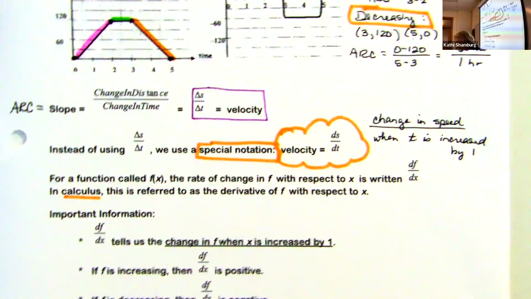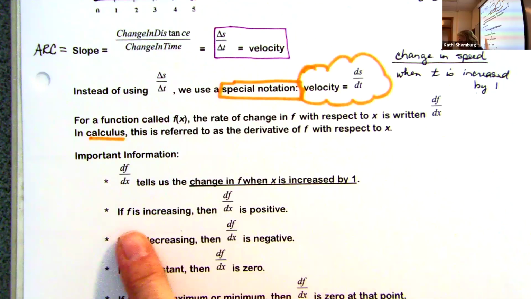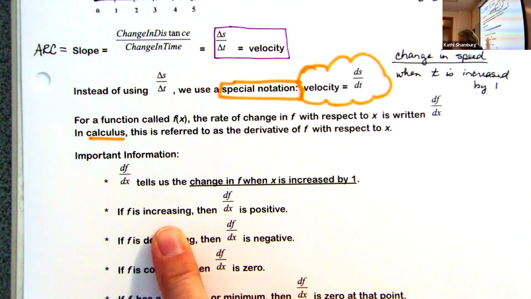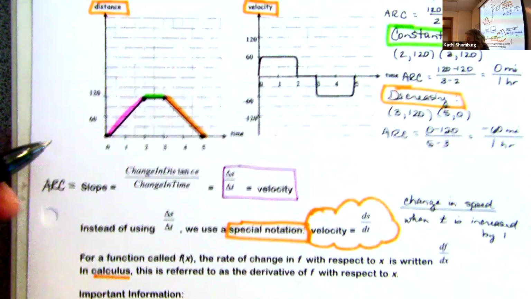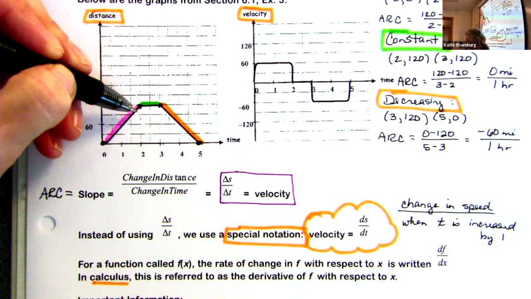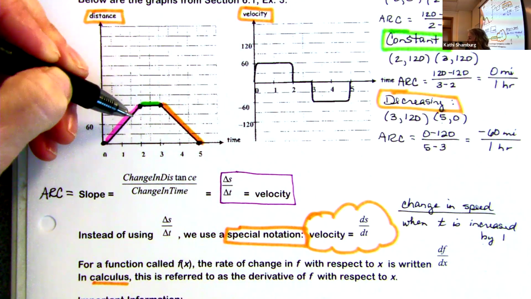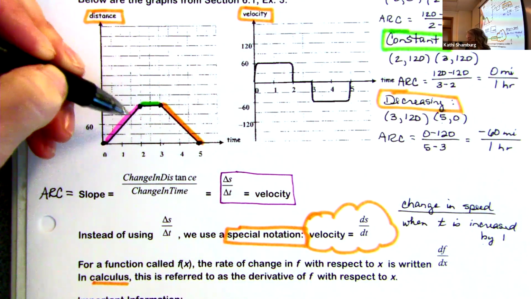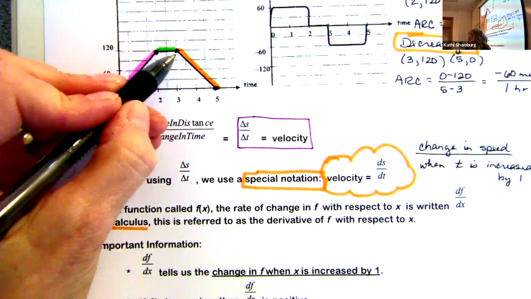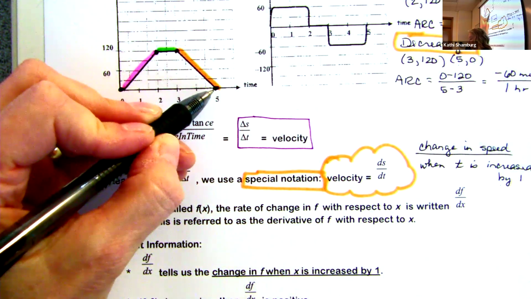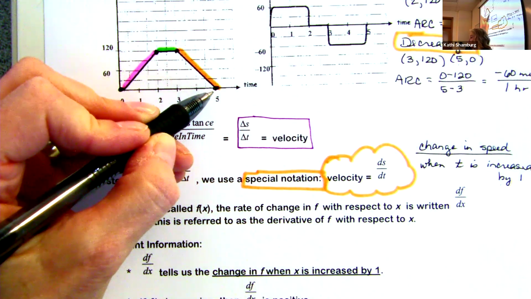Okay, so if the function is increasing, and we've already talked about this. So if the function is increasing, so right here, when the function is increasing, what is your speed? Positive or negative? Positive. It's up here, it's positive. That's what this bullet point is telling. If the function is decreasing, your speed is where?